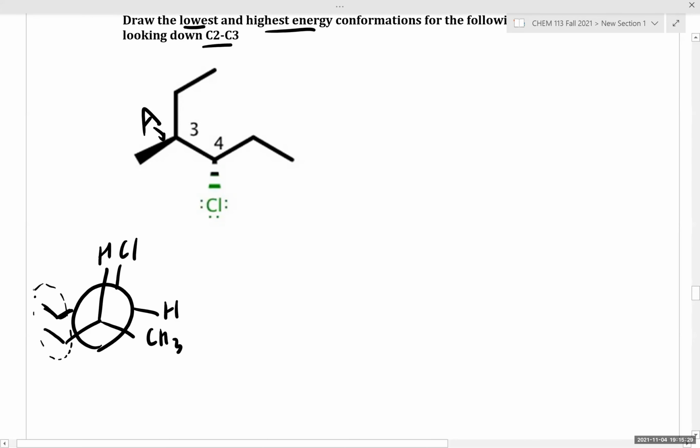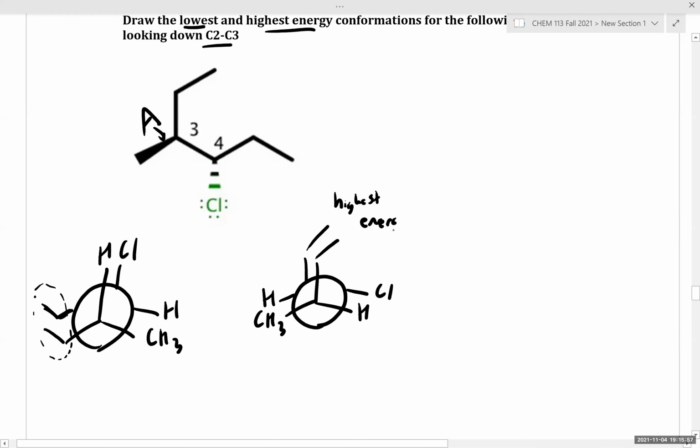This ethyl group is really bulky, so if possible, my highest energy conformation will have both of my ethyl groups fully eclipsed.